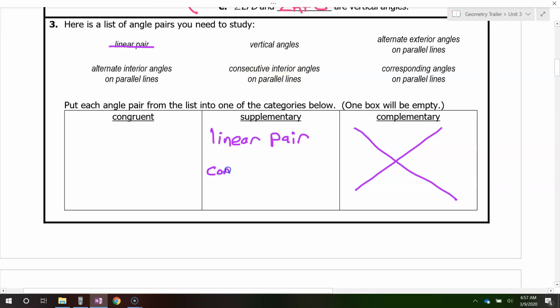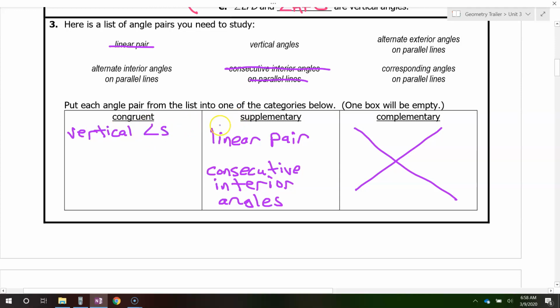So let's see, consecutive interior angles. Okay, the other 4 are congruent. Okay, vertical angles. Now I'm going to have to start abbreviating for these to fit. Alternate exterior angles.